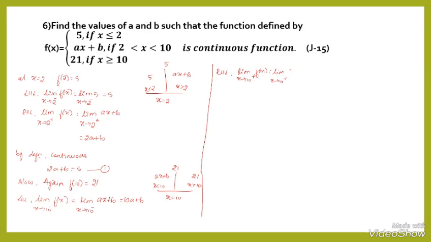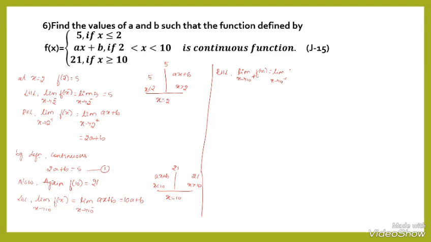Again, by the definition of continuous function, we say 10a plus b is equal to 21. This is equation number 2. From equation 1 and 2, I will take 2a plus b is equal to 5 and 10a plus b is equal to 21.